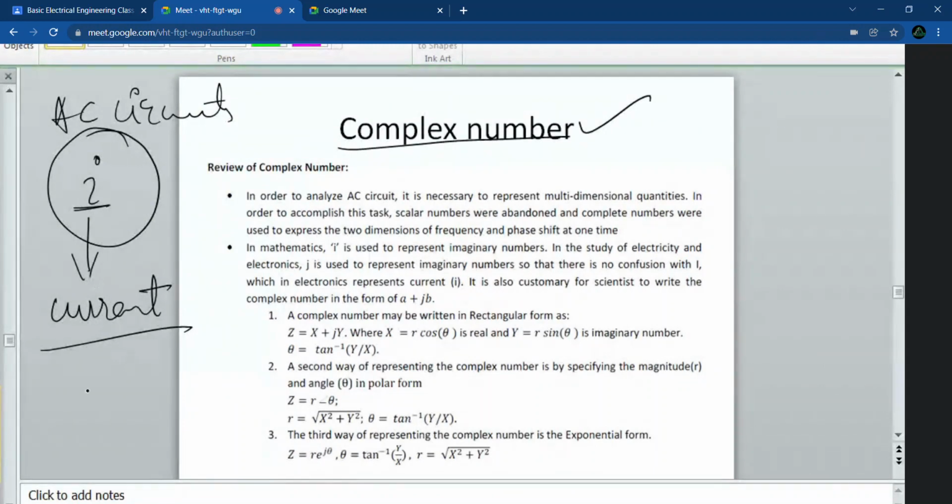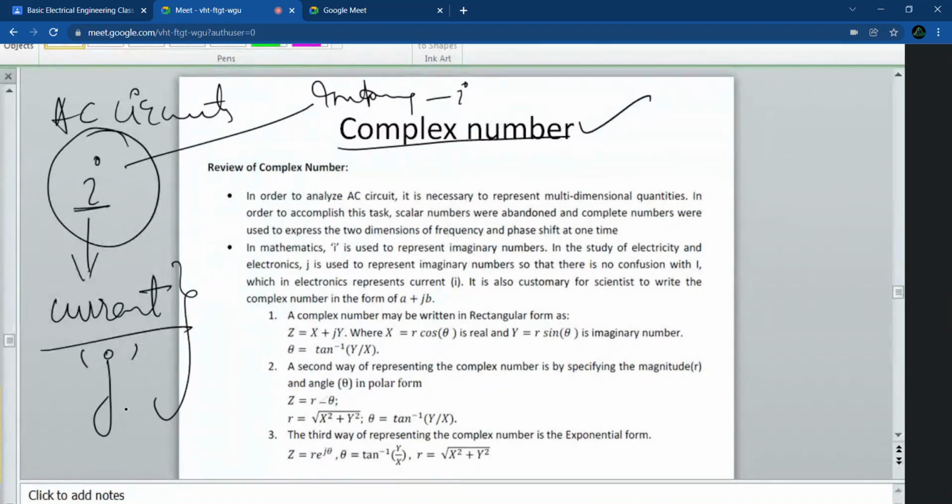So for electrical circuits, the imaginary number is replaced by j. Is it clear to everybody? In mathematics, you express the imaginary number by iota, but in electrical nomenclature we represent it by j.